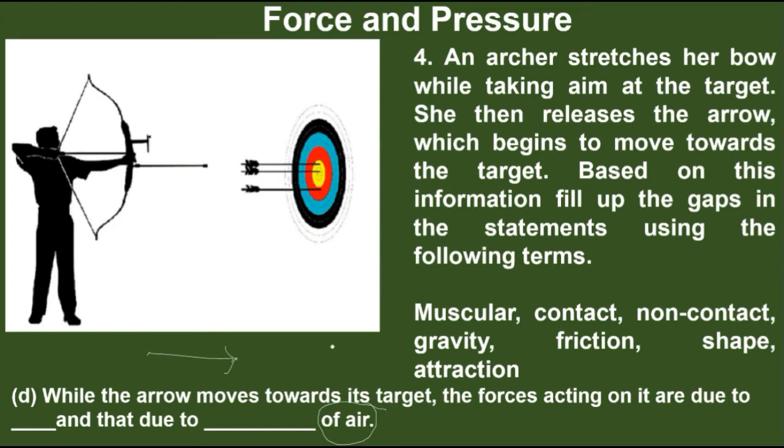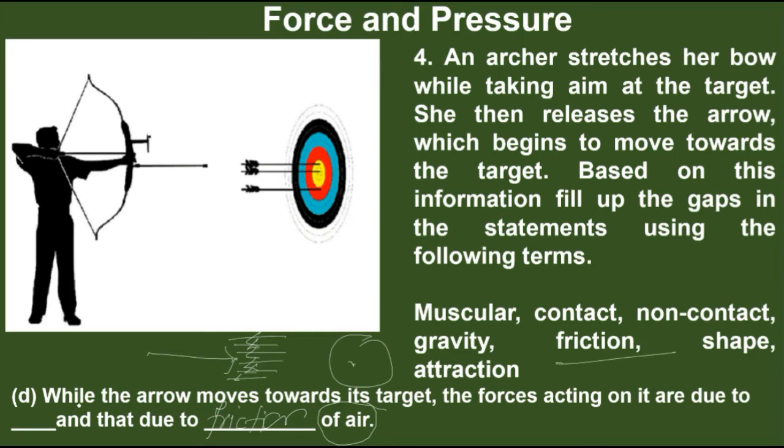It's moving just in the air. And when it is moving in the air, it is rubbed with the air. The air is in the opposite direction here, and the arrow has to pierce through the air and hit the target. That means its speed will come down. Due to what? Due to a force which is again a contact force. And what is that force called? Friction force. Because that word is here, right? There is friction between the air and the arrow.